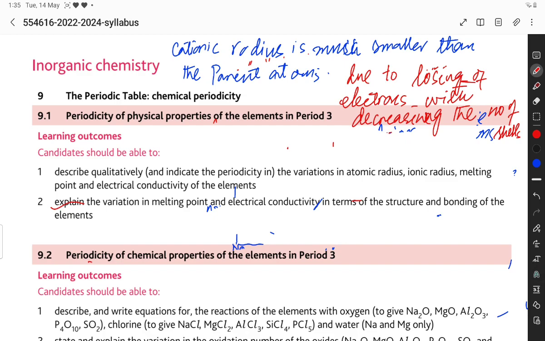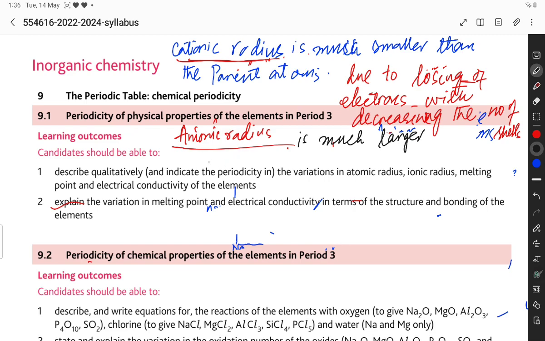Sorry, this is about cationic radius, and anionic radius is much larger than the radius of the parent atom.